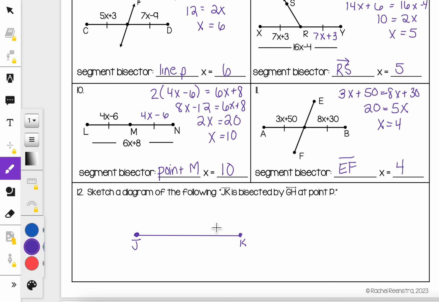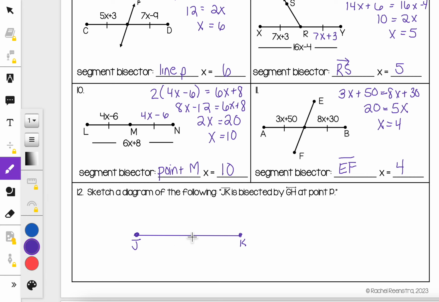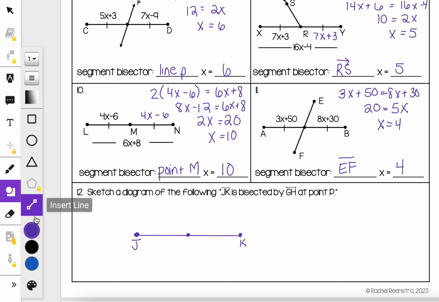Obviously this isn't going to be perfect, but let's move that a little bit closer down here. If we said this is kind of the midpoint, this is the point where the segment would be bisected. So I'm going to draw this line.